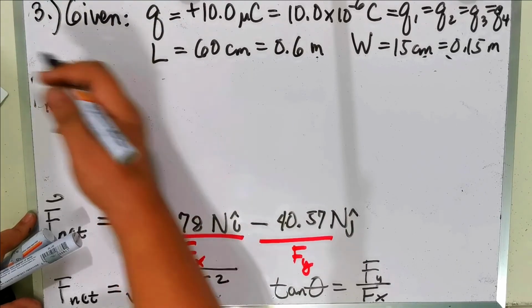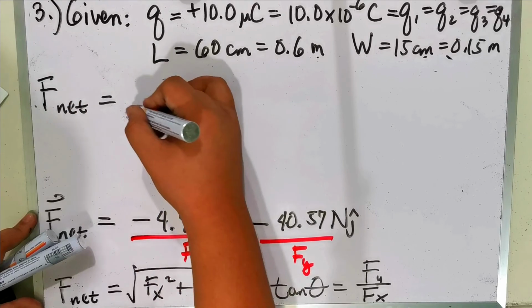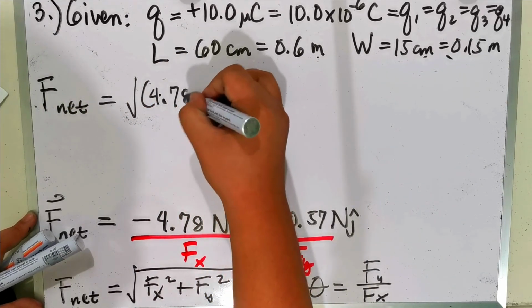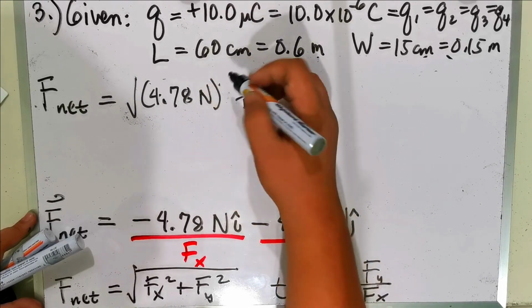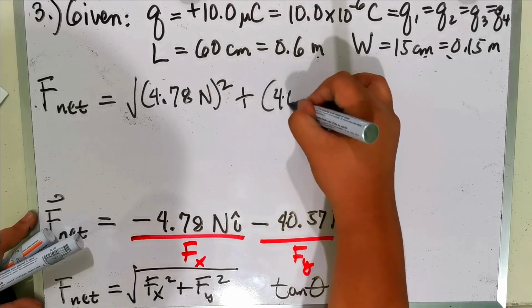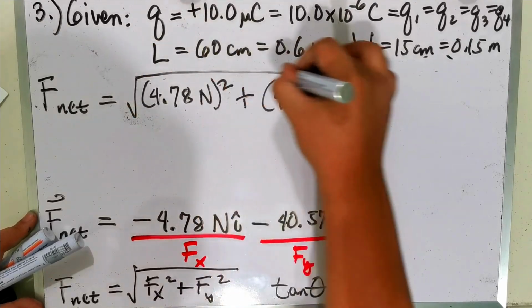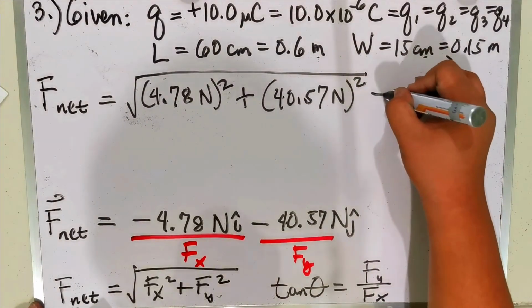So F net is now equal to the square root of 4.78 Newton squared plus 40.57 Newton squared. I did not mind the negative sign because it is squared anyway, so the result is the same.